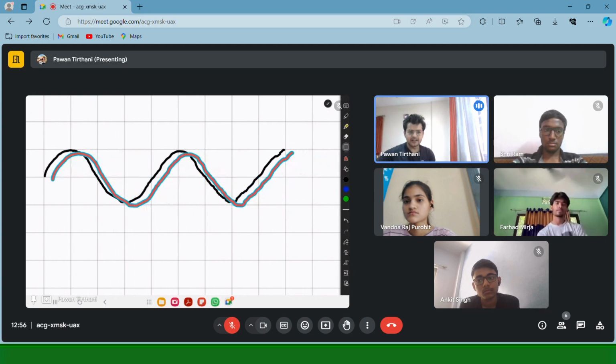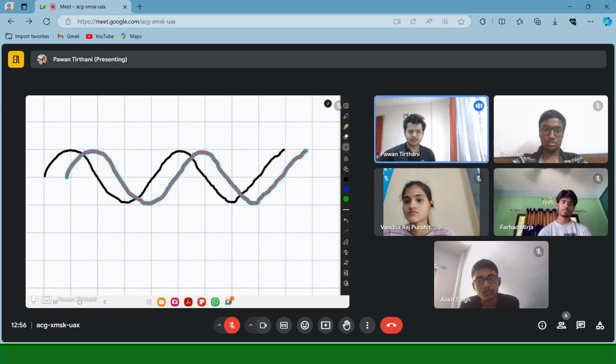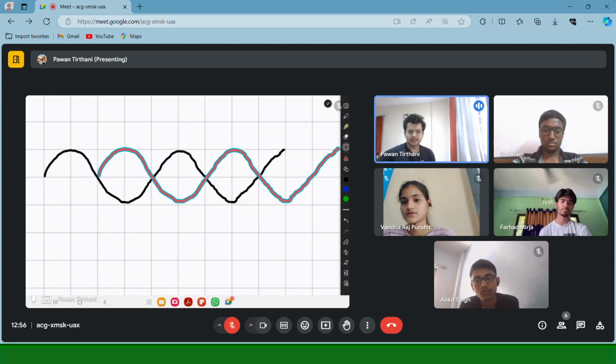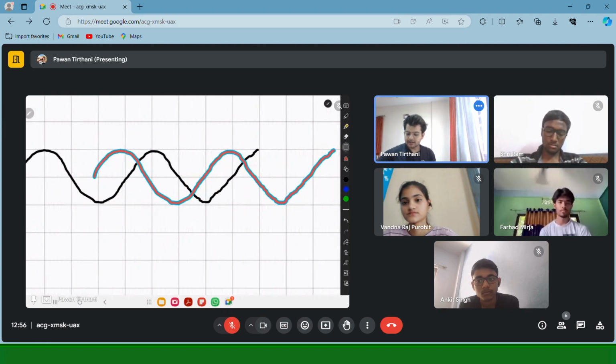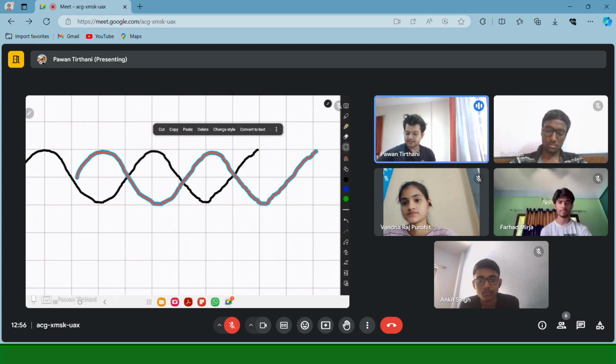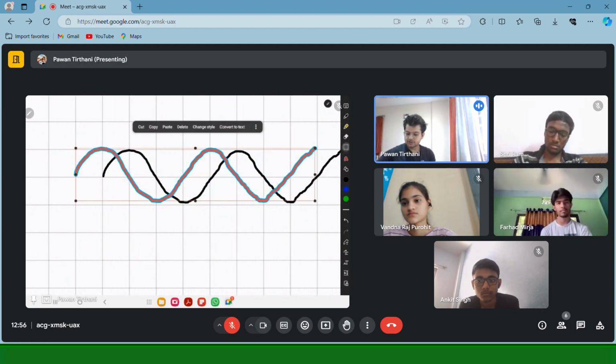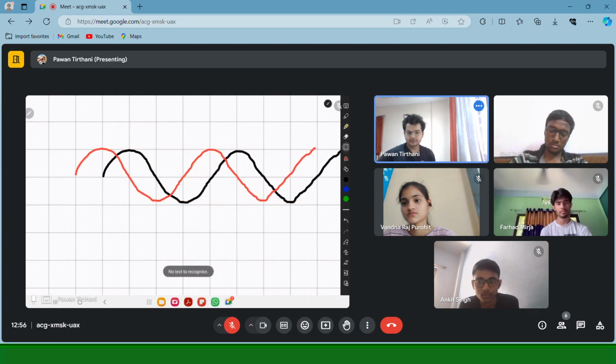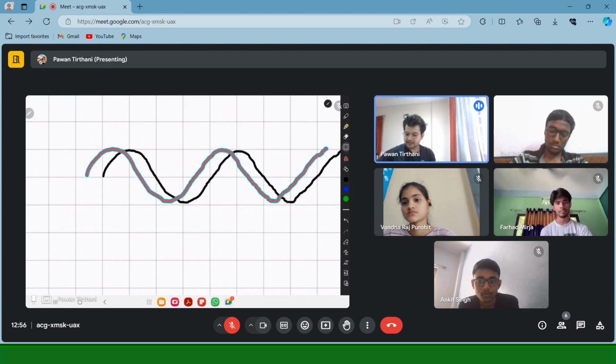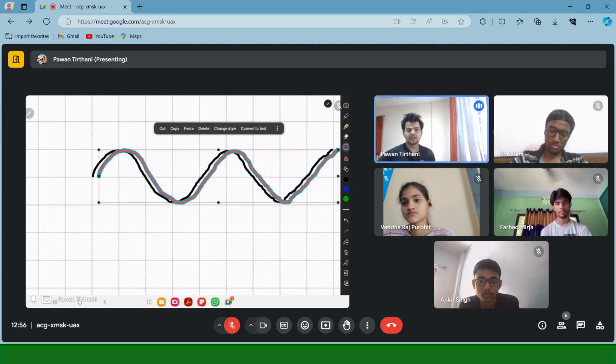It went 90 degrees ahead, 1/4 it went ahead, again 1/4 it went ahead, so 180 degrees it went ahead. Now one more, kind of like this. This can also be thought of like this, right? So it went 270 degrees ahead, and then again it went 360 degrees ahead, so it overlapped.